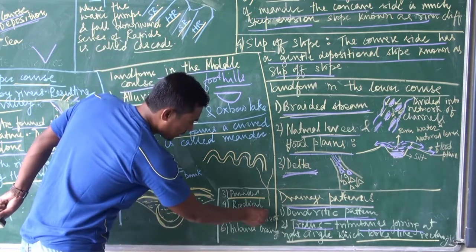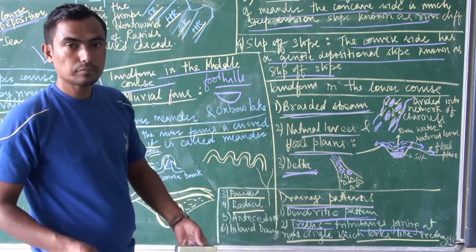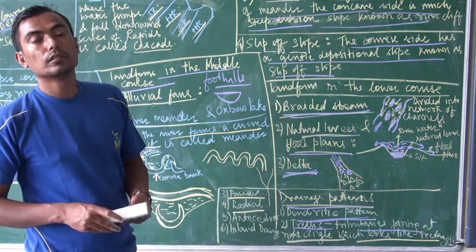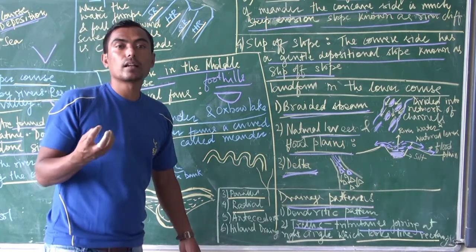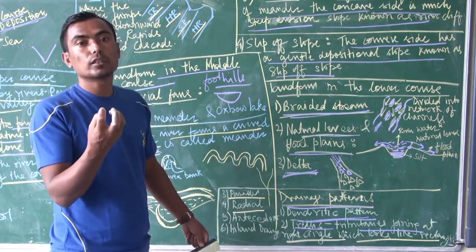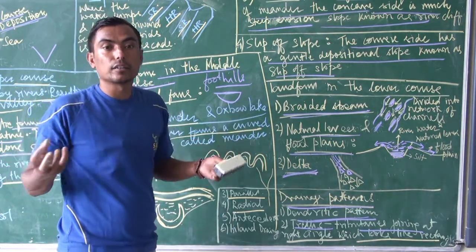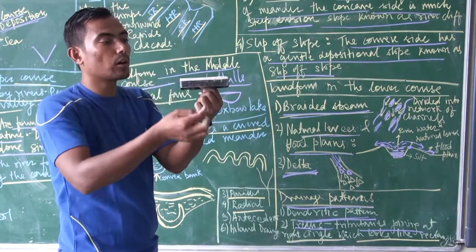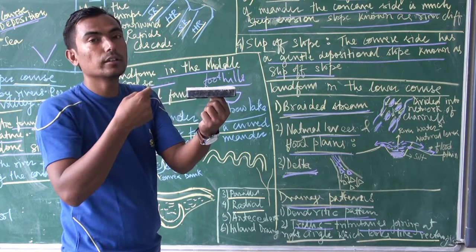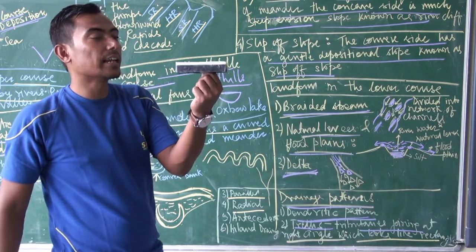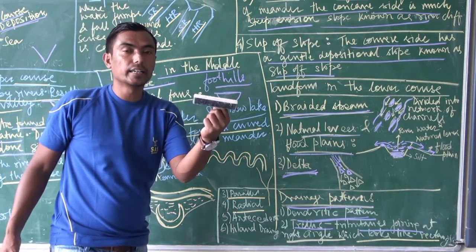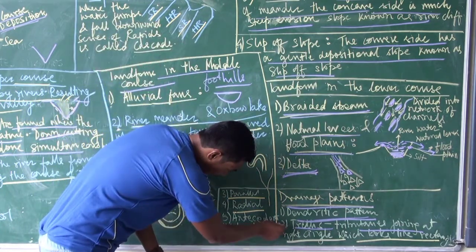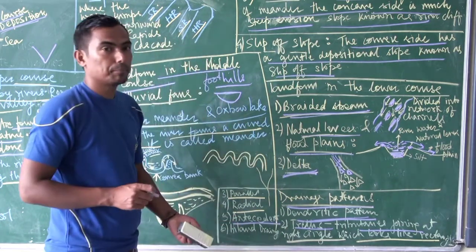Next, radial. Radial drainage pattern means water flows in different directions. It means from one point, when the water starts to flow in different directions, that is called a radial drainage pattern.